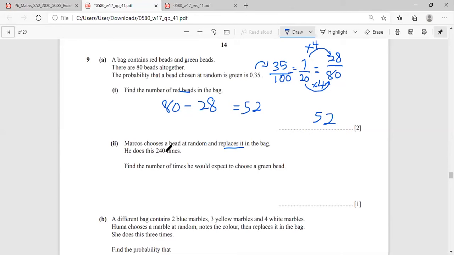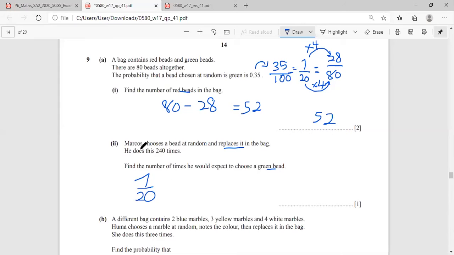So we use the probability from question 1 just now. 35 over 100 simplified to 7 over 20. That means in 20 times, there are 7 times which are green bits.